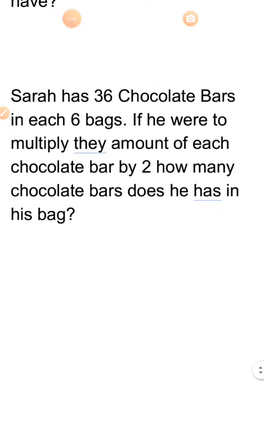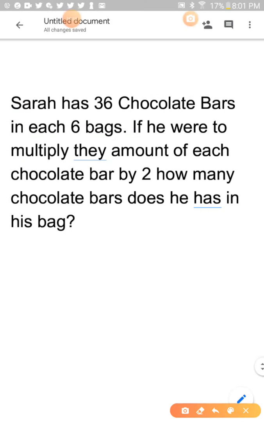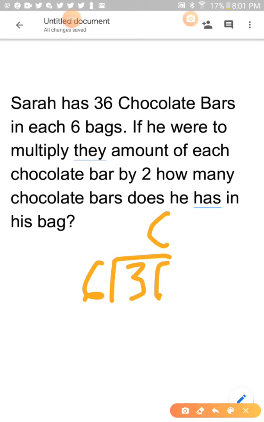So 36 chocolate bars. If we were to divide 36 chocolate bars by 6, if we wanted to know how many groups there should be, we do know that in each of the 6 bags there are 6 chocolate bars, but the total is 36.